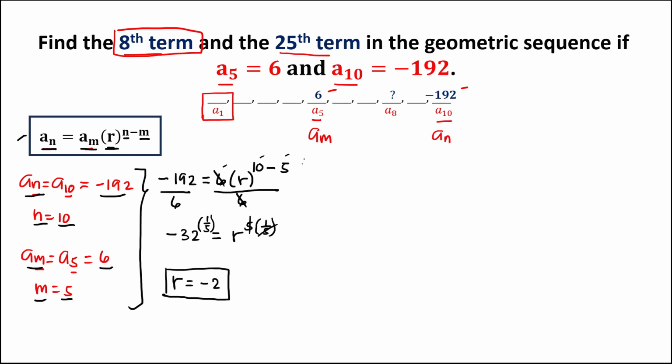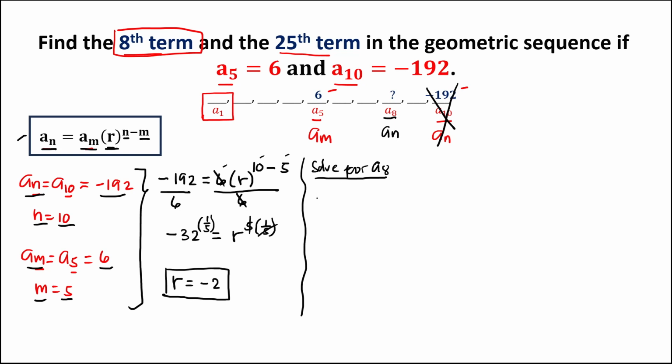Then since we have now the common ratio, we can find now the 8th term, or a sub 8. To solve for a sub 8, we can ignore now this 10th term. This time the last term is a sub 8.